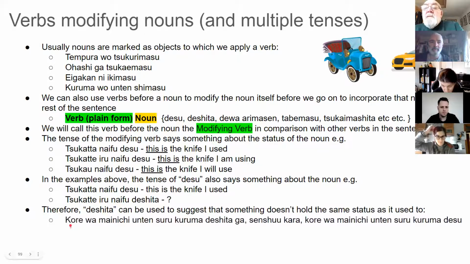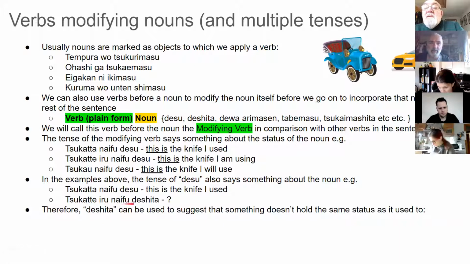So in this example, tsukatteiru naifu deshita, this means this was the knife that I was using. Or this was the knife that I used. Yeah. So it suggests that this is no longer the knife that you're using. Now you're using another knife. Okay.